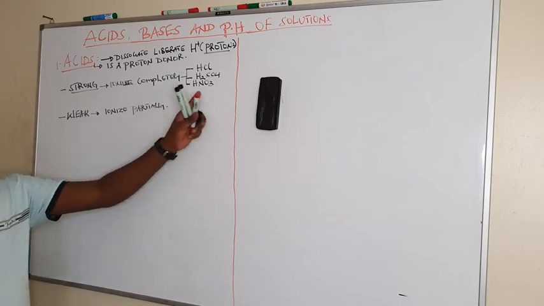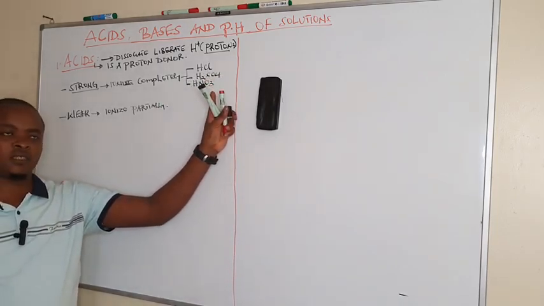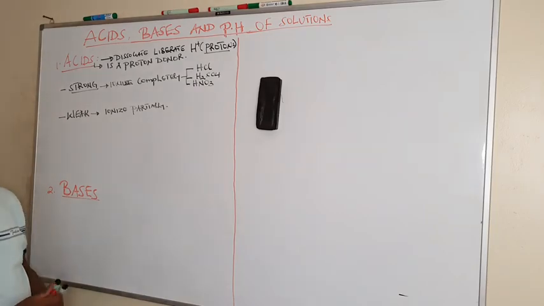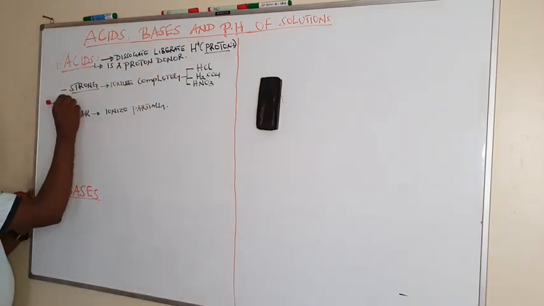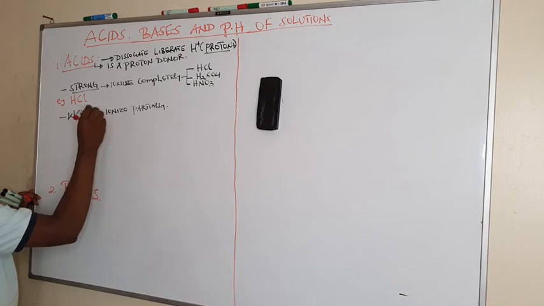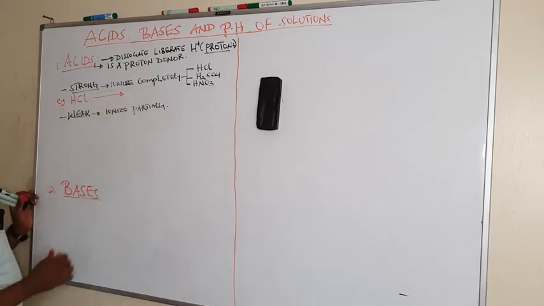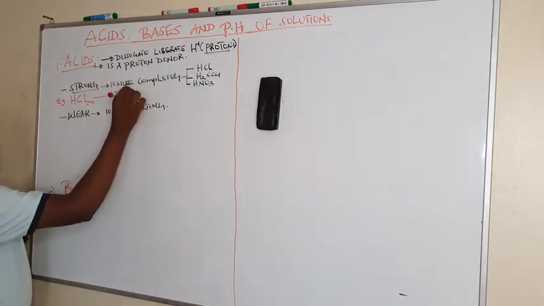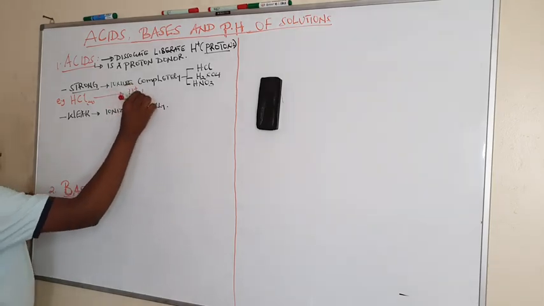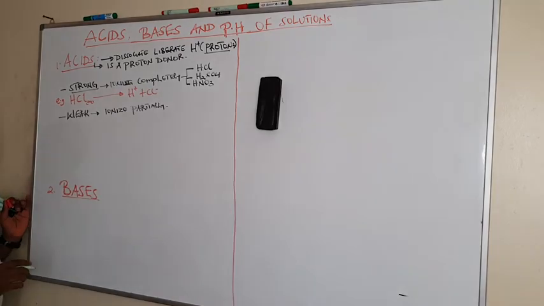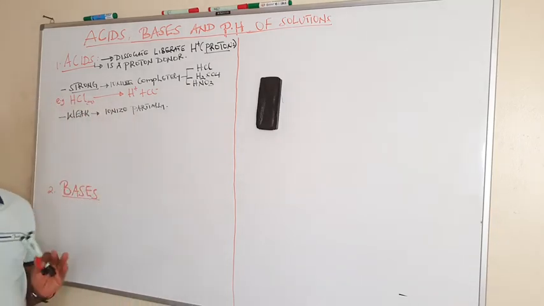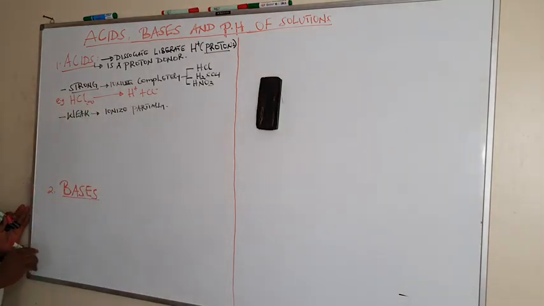If I have, for example, hydrochloric acid as a strong acid, it dissociates completely, shown by using a full arrow, to liberate hydrogen ions, that is protons, plus chloride ions. That's why we say strong acids dissociate or ionize completely in solutions to liberate hydrogen ions.